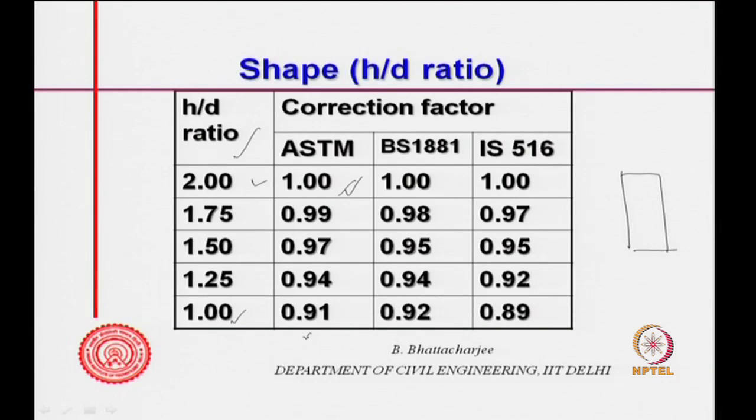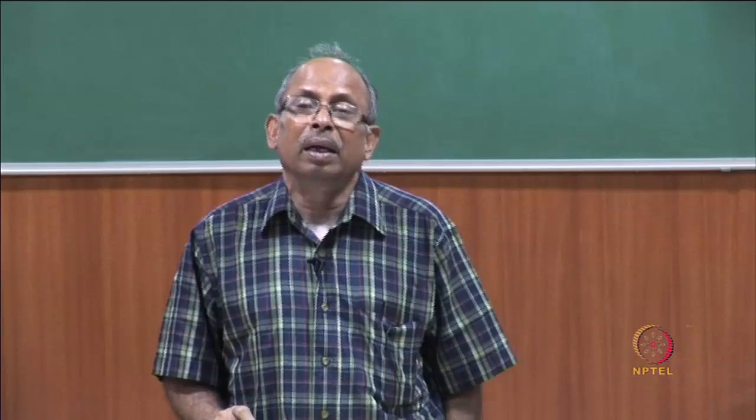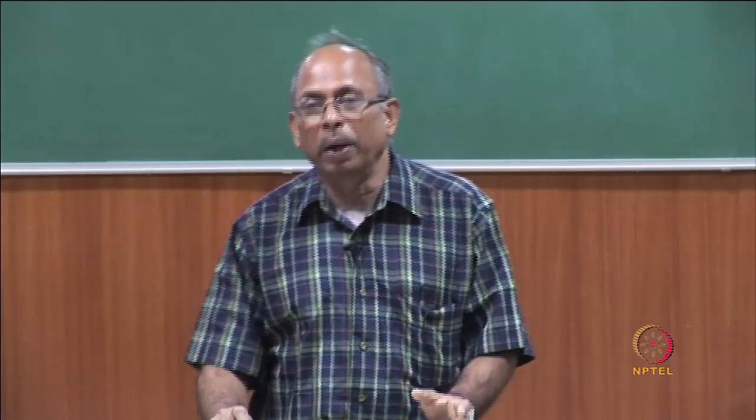That means the cylinder with an L by D ratio equal to 1 would exhibit higher strength. So, the multiplying factor is 0.91.